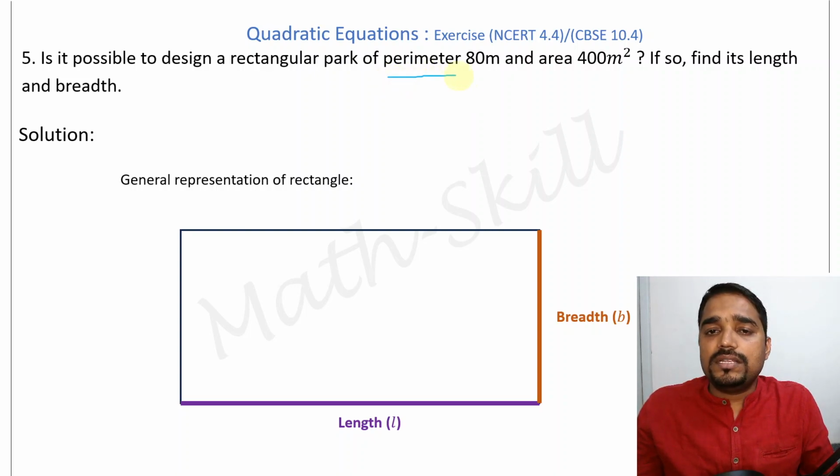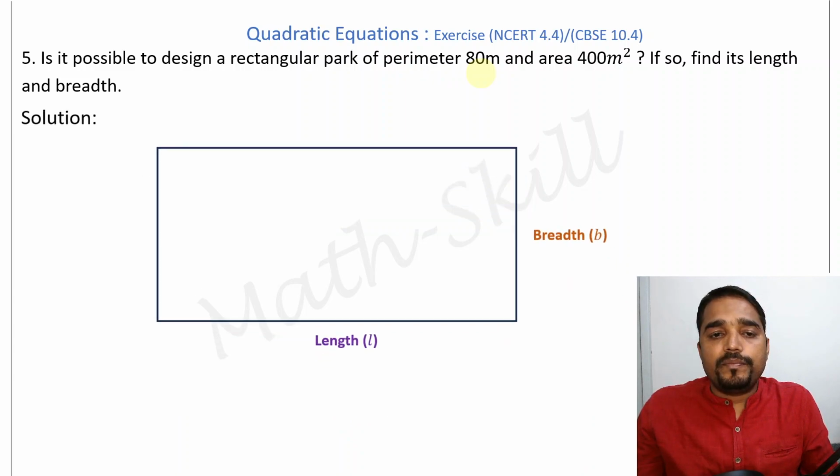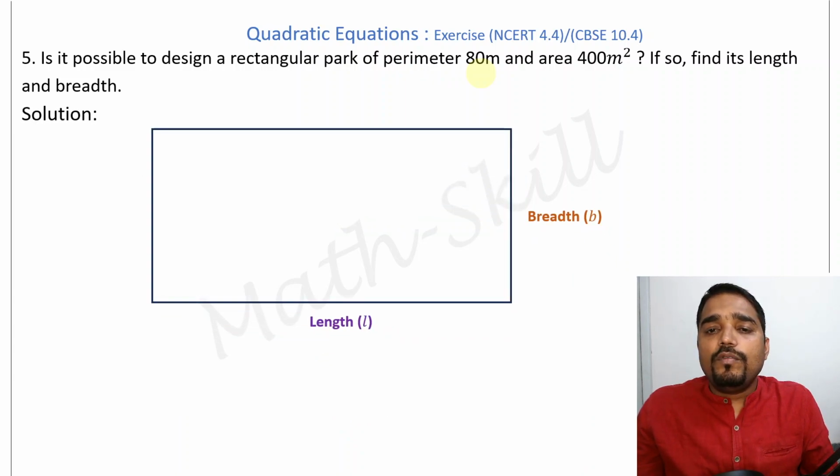The first condition says the perimeter is 80 meters. Now let us see how to use that. For a given rectangle, the perimeter is the total distance of the boundary of the rectangle.